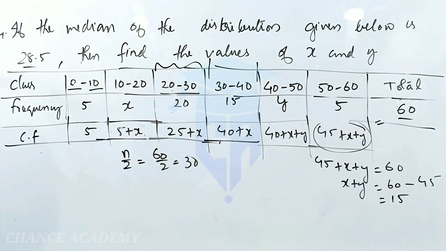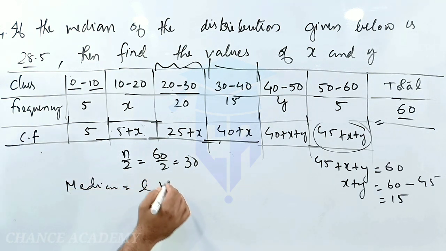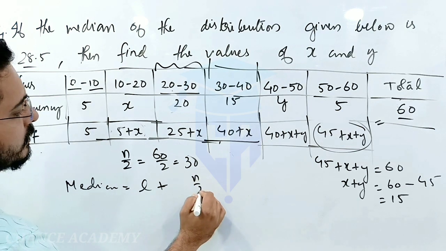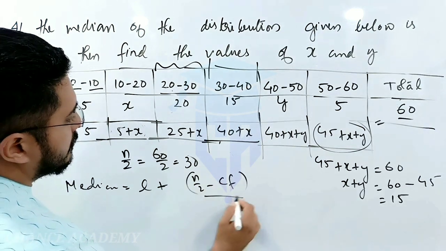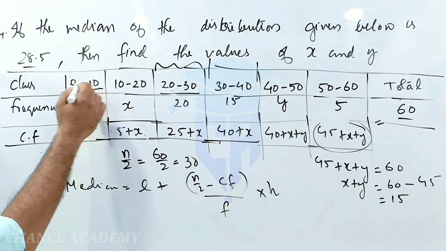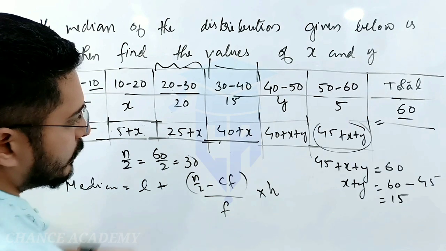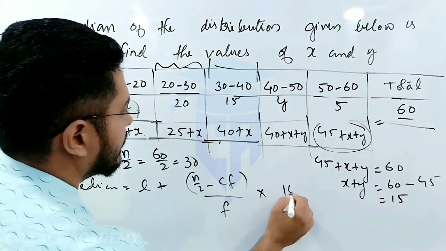So this class must be taken as the median class, and we have the formula for finding the median. Median is equal to L plus n by 2 minus CF by F into H, where H is the width of the class, upper limit minus lower limit. So 30 minus 20, you will be getting the width as 10.